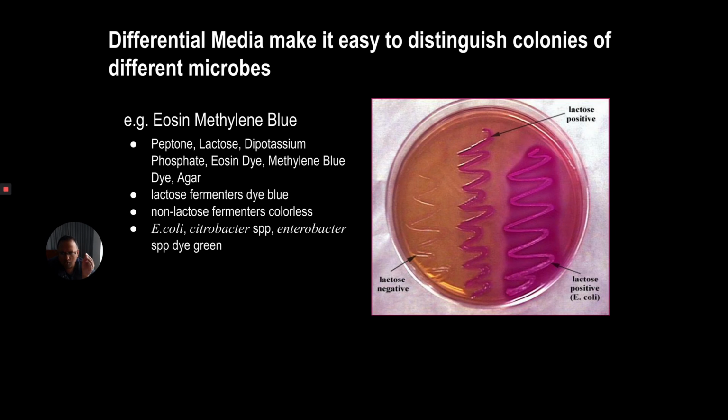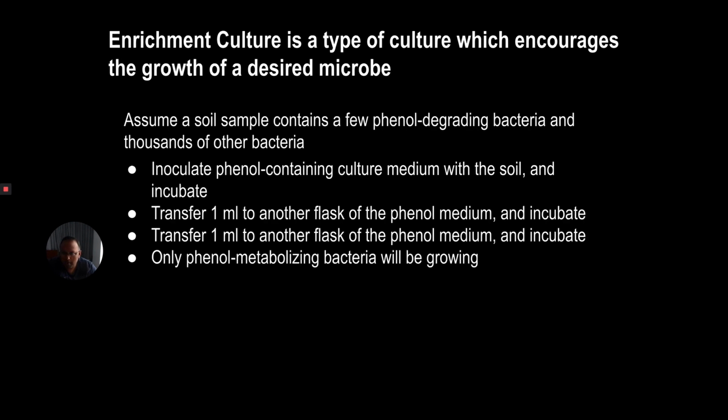Now, in the illustration I provided, you don't really see that effect. Alas, I was unable to find a picture of this, but were you to work in the lab, you would actually see this metallic green look when these guys grow on EMB media.